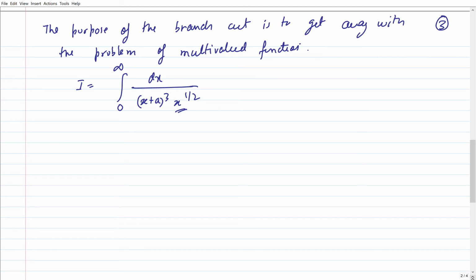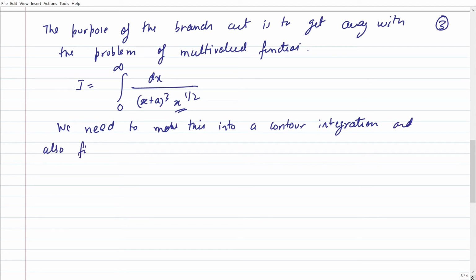So first of all, to evaluate such an integral, as usual, we need to be able to make this into a contour integration and also find a suitable branch cut. So how do we do that?